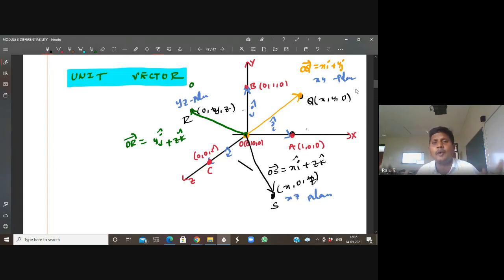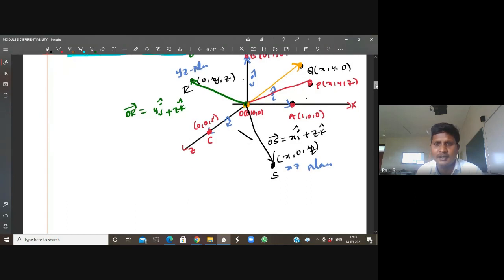But if I take any point in three-dimensional space, it should not lie on the xy, yz or zx planes. Let P be any point in space, P of x comma y comma z, which does not lie on the xy, yz and zx planes, nor on the x-axis, y-axis or z-axis.